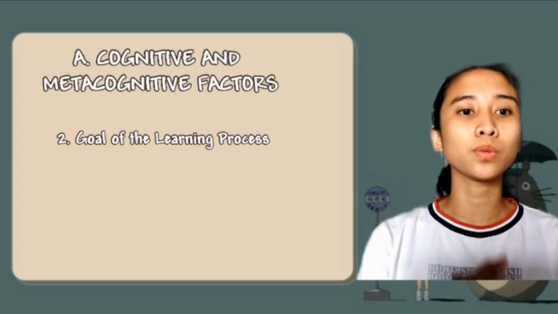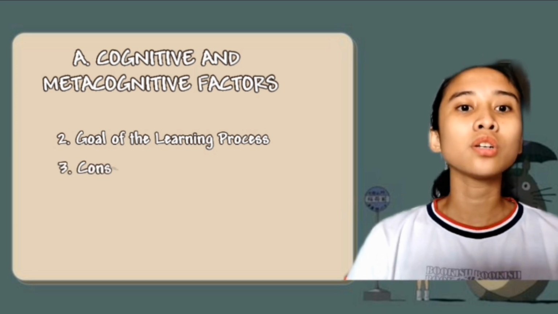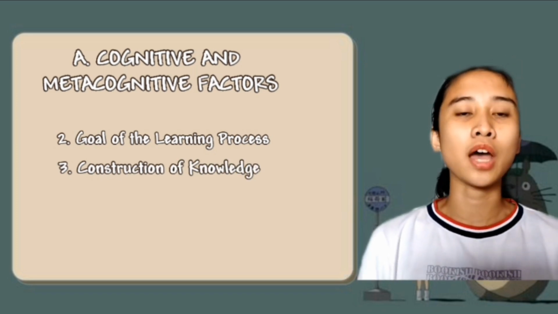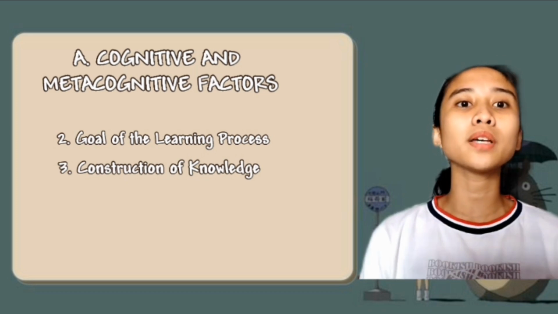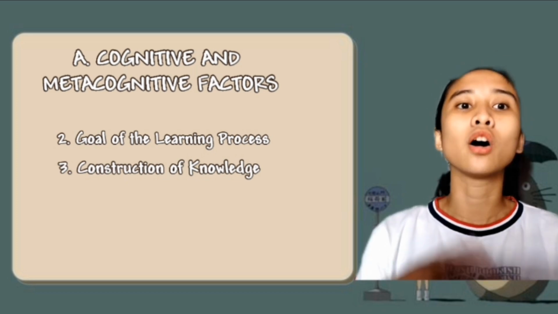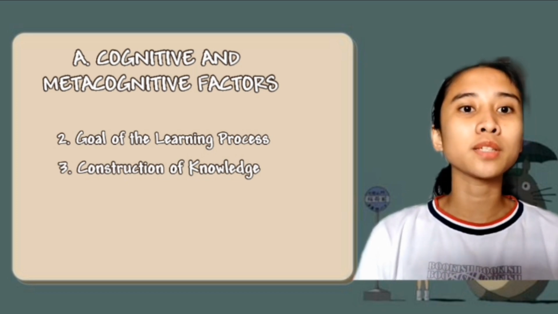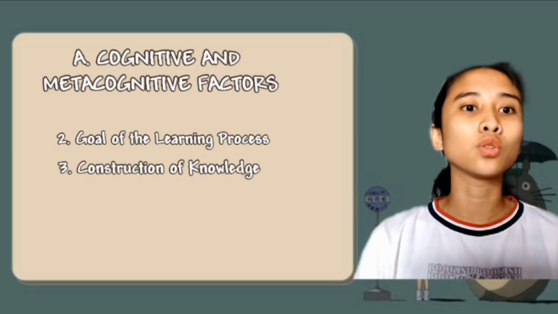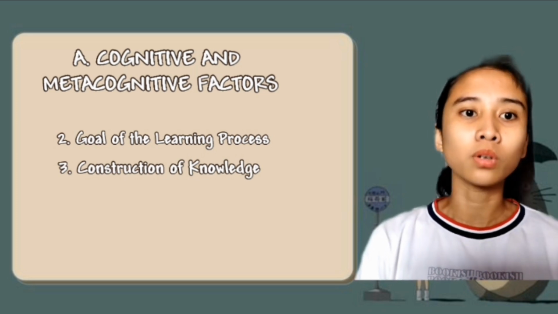Let's proceed to number 3, construction of knowledge. To truly understand new information, learners must connect it to what they already know. Learning is most effective when new information is connected to what students already know.